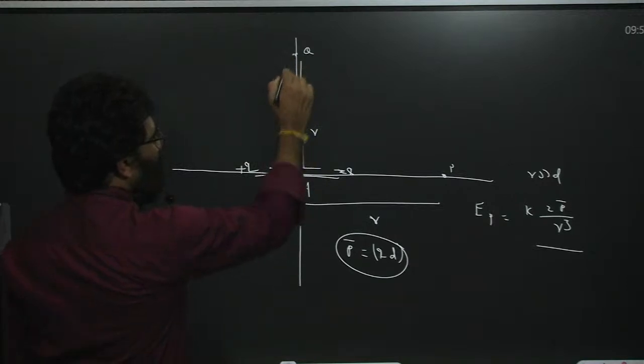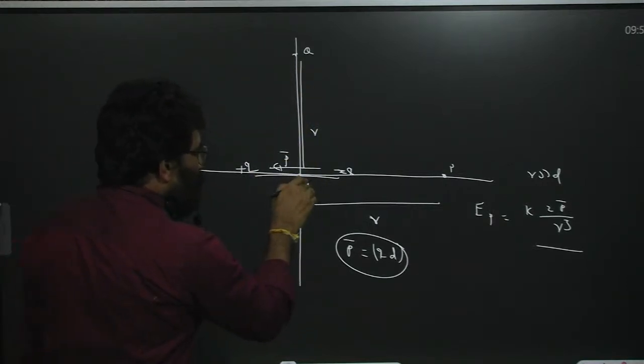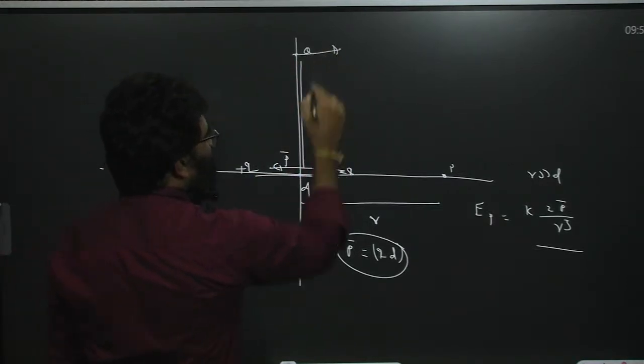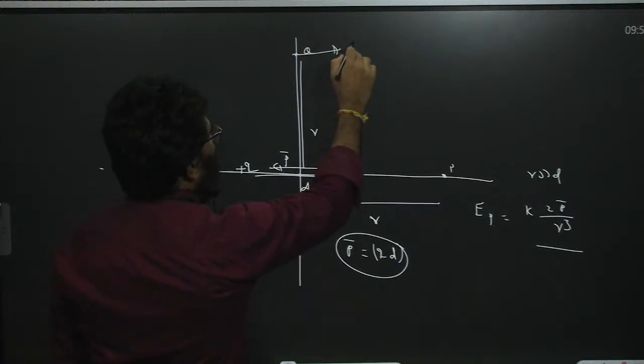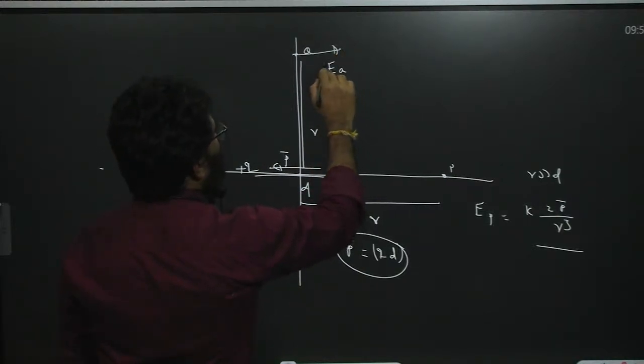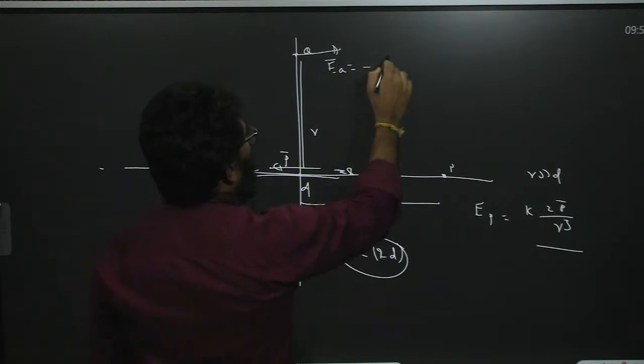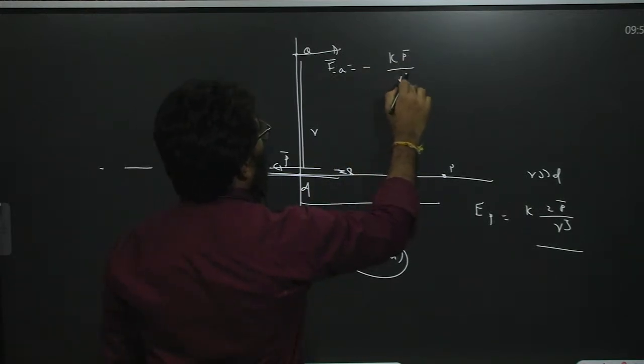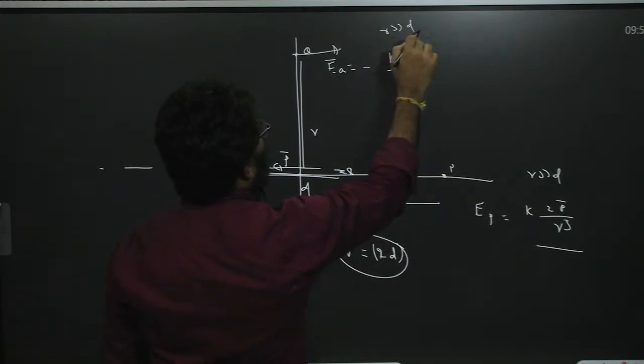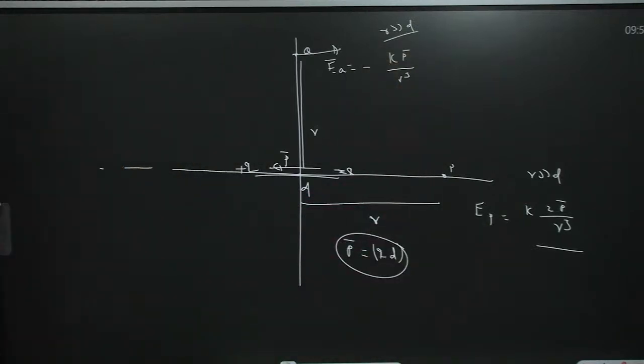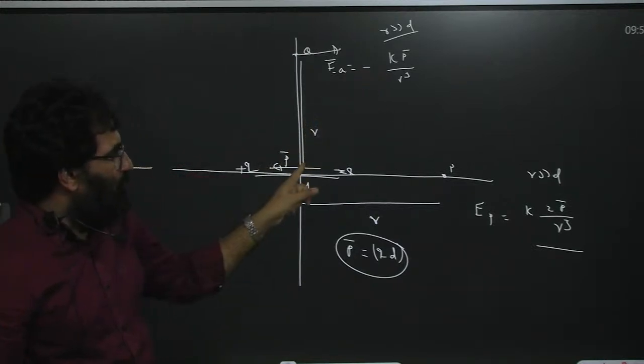Now on the bisector line, the electric field is opposite to the dipole moment, that is E equals minus K P bar by R cube, considering R very much greater than d. Due to the dipole moment along the bisector line, the field is opposite to the dipole moment.